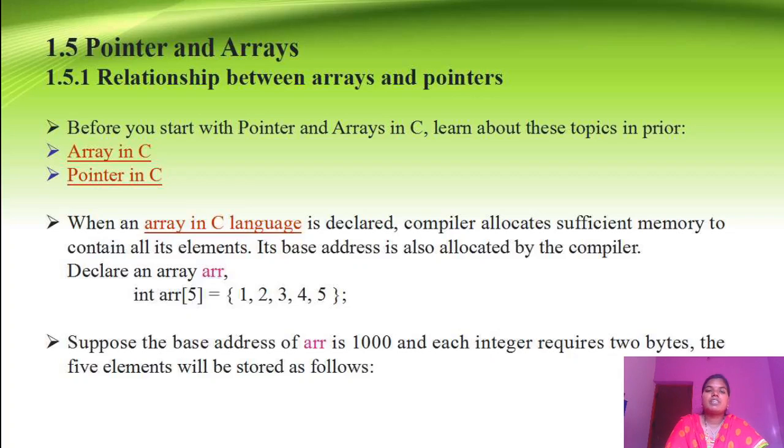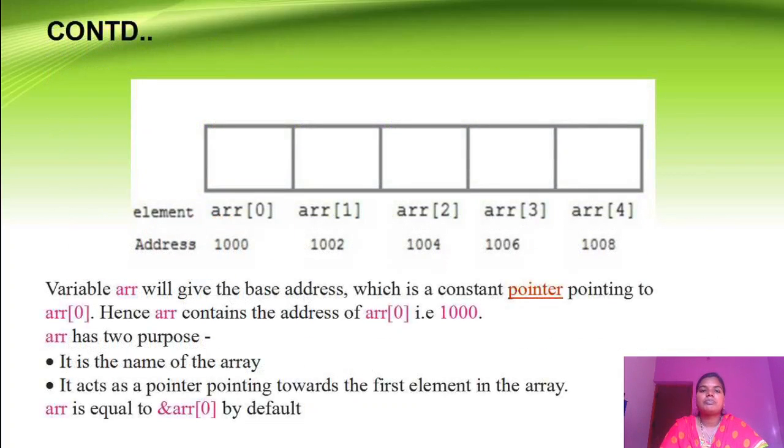The array elements will get stored like this. The first element, arr[0], will be stored at the address 1000, and arr[1] is stored at the address 1002, because the array is of type integer. So 2 bytes of memory are added to the previous address 1000.